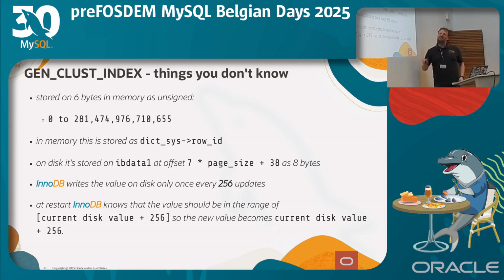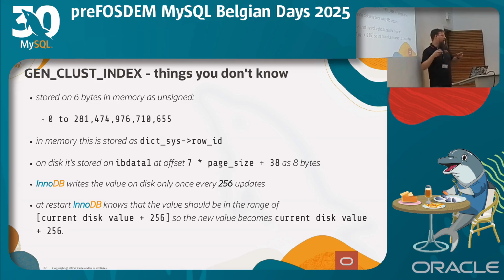So, InnoDB will write that value that it has in the index row ID every 256 updates of this key. Only at that time are we going to write it to disk. So at restart, InnoDB knows that the value will be in the range of the current disk value plus 256, because we didn't write it yet.